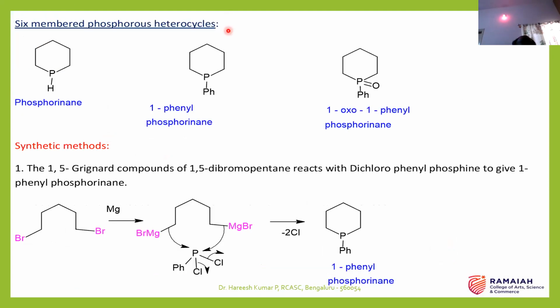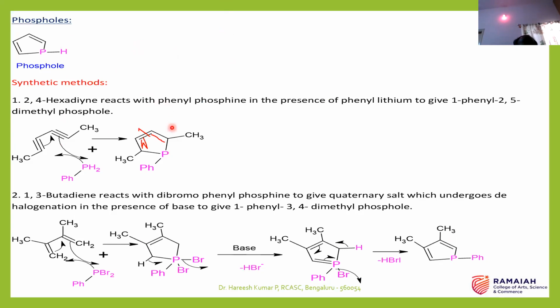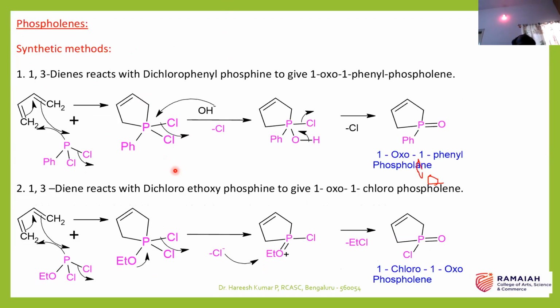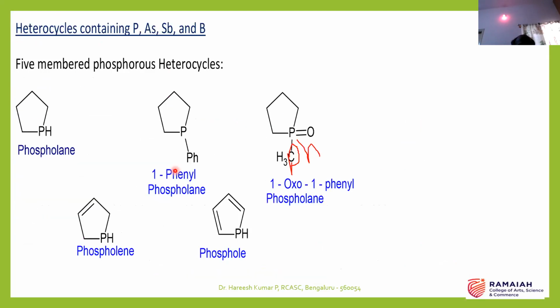The next slide is about six-membered ring phosphorus-containing heterocycles. Just let me revise up to this. What we discussed, other than nitrogen, sulfur and oxygen-containing heterocycles: we discussed the synthesis of phospholes, the synthesis of phospholines, and the synthesis of phospholanes.